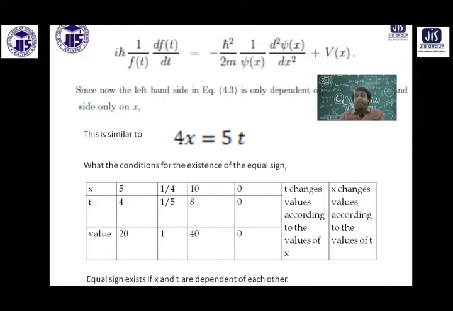The only chance is that they could be equal if x and t are dependent on each other. Suppose x is 5, then t is 4, 20, 20 like that. x is 10, t is 8, 40, 40. x is 1 by 4, t is 1 by 5. So depending on the value of t, x is changing its value.